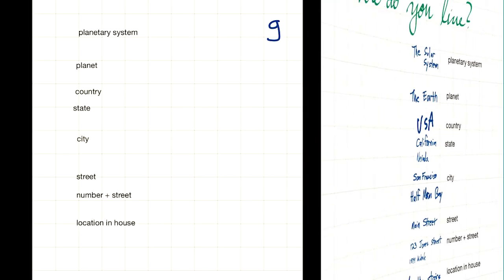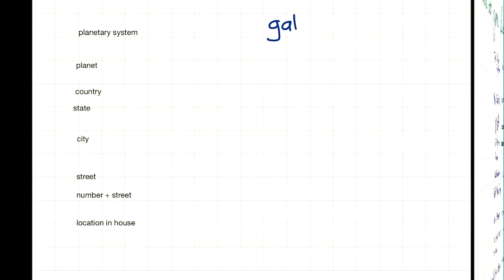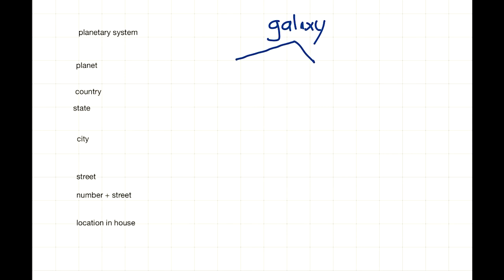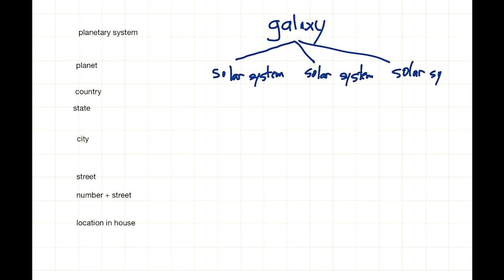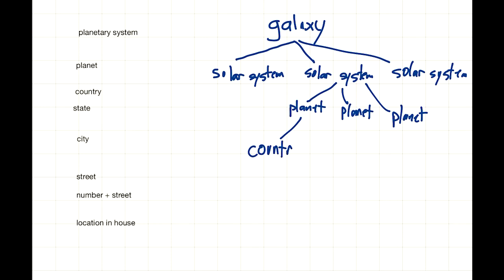Let's review this model. Within each galaxy are a number of solar systems. We call ours the solar system, but there are lots. Within each solar system, there are a number of planets, a sun and 1 or more planets. Ours has 8, but many of them have more or less. On each planet that's inhabited, we're going to assume there are a number of countries.